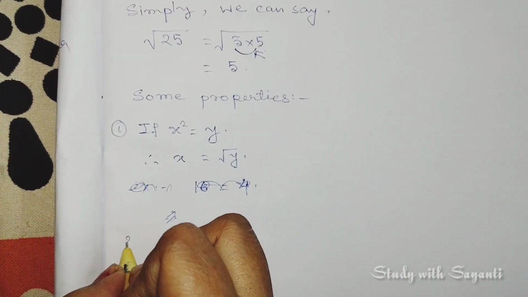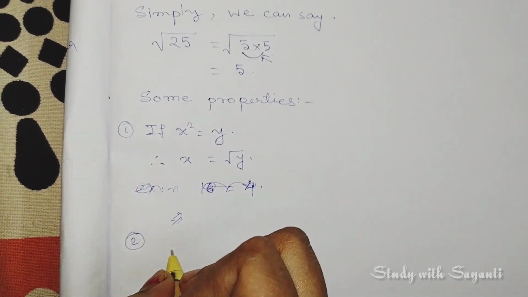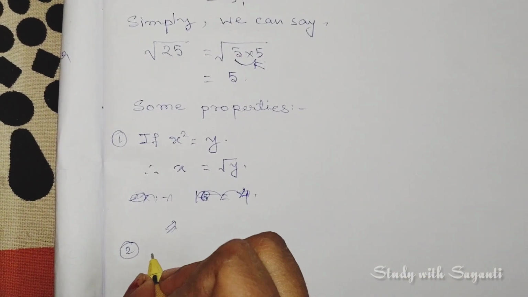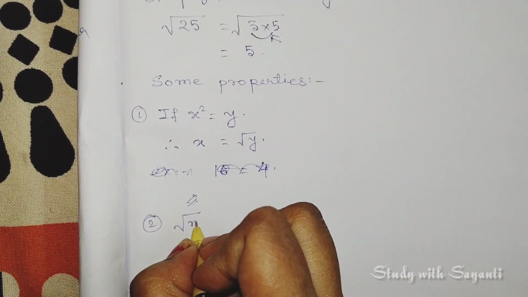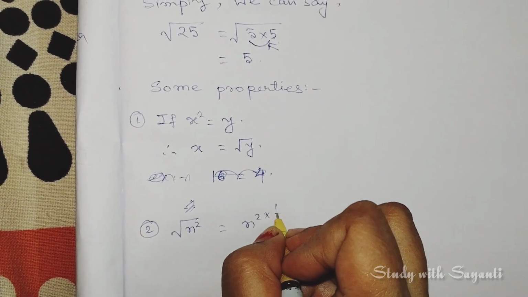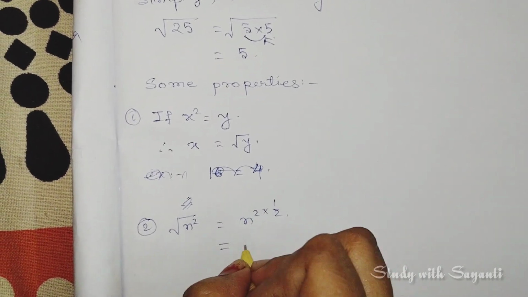Next, here is the second property. I already wrote it here. That is root over n squared equals n squared to the power half, that is n.